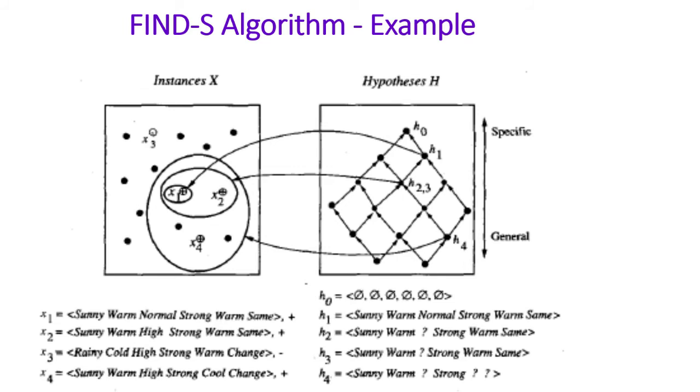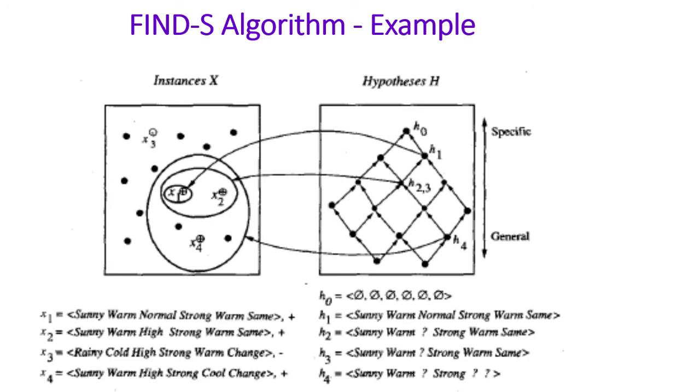Next, check whether it is a positive instance. Yes. H1 is compared with X2. Sunny is compared with sunny. Both the values are same. Hence, sunny is written in first place of H2. Next, warm is compared with warm. They are same. Same value is copied in H2. That is, next value will be warm. If you see the third value, normal is compared with high.